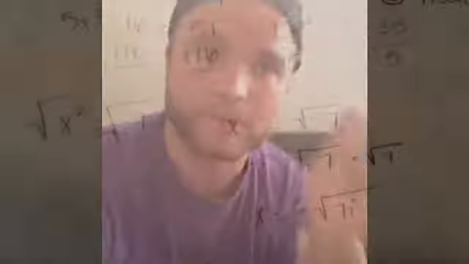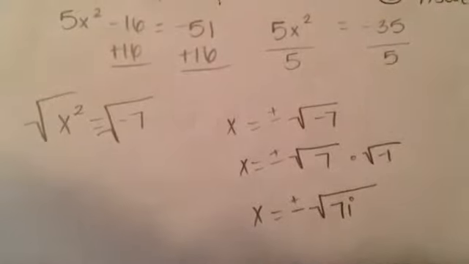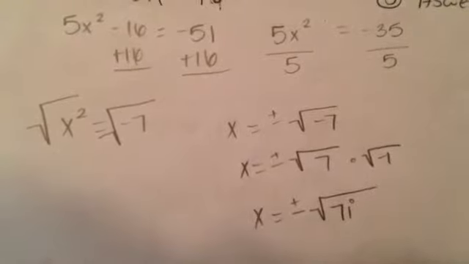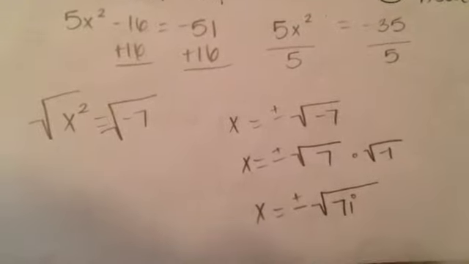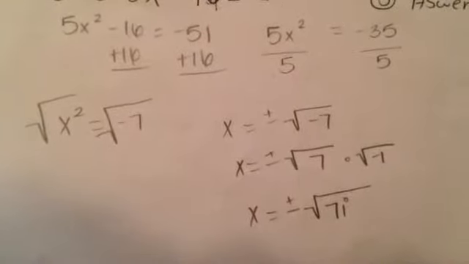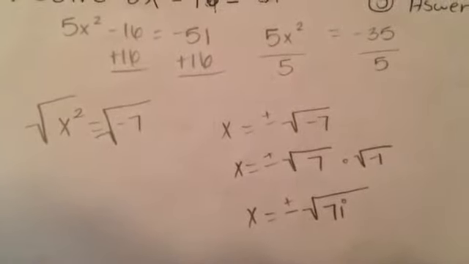This is what I'm talking about. A different type of question. So you start off with 5x squared minus 16 equals 51. What you want to do is get the x squared by itself. So you add 16 to both sides, which turns into 5x squared equals -35.